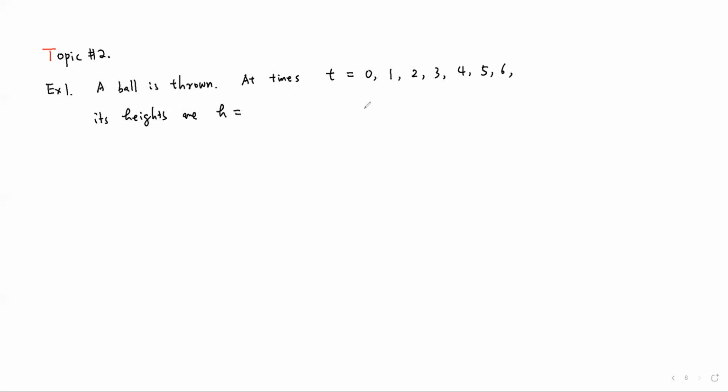When time is 0, the height is 0. Originally, the ball is on the ground. When time is 1, say 1 meter. When time is 2, 3 meters. Then 8, 7, 4, 1.